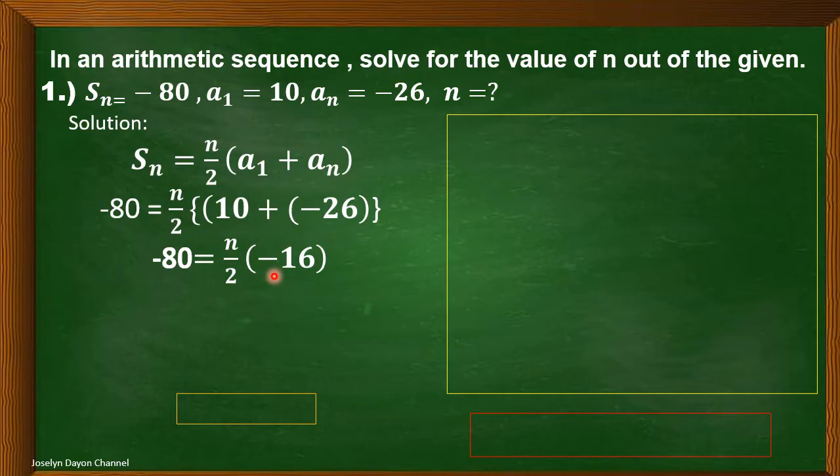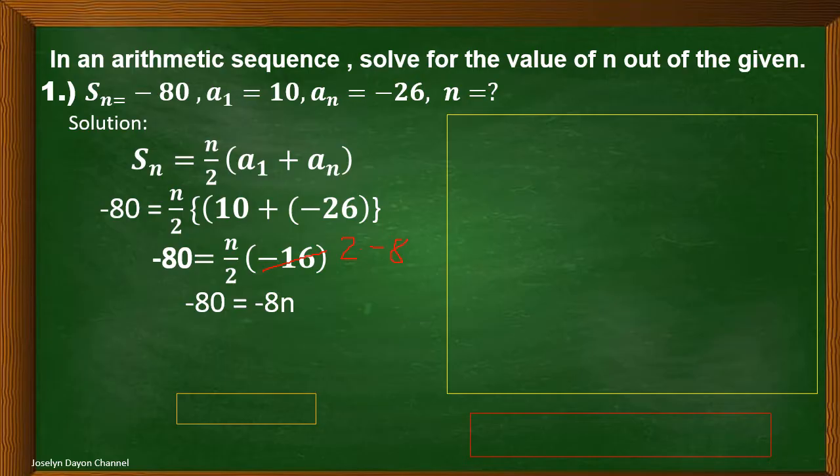After that, we have to simplify further, meaning we have to multiply n over 2 by negative 16. So we bring down negative 80, and n over 2 times negative 16, the answer is negative 8n. Why do we have negative 8n? Take note that we can factor out negative 16 as 2 times negative 8.